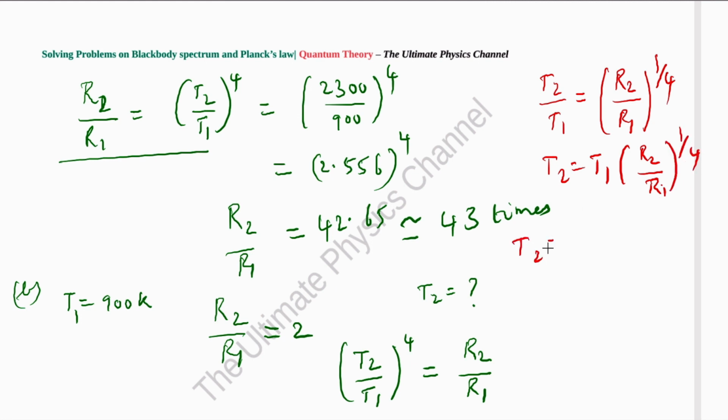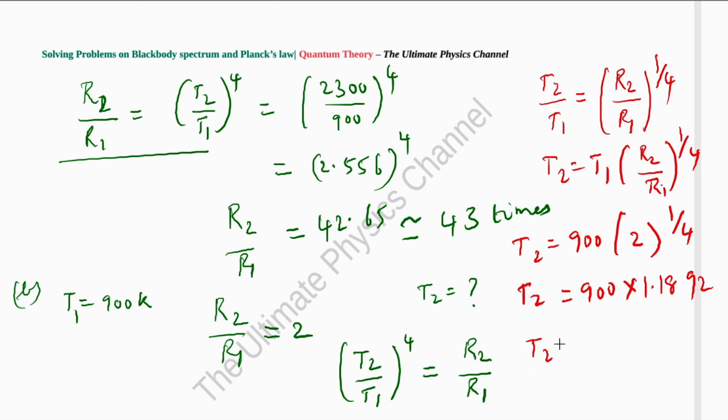T2 is equal to, this T1 is 900 Kelvin, this R2 over R1 ratio is just 2 because the power is doubling, and therefore this particular number, if you work out, it is 900 times 2 power 1 by 4, turns out to be 1.1892.